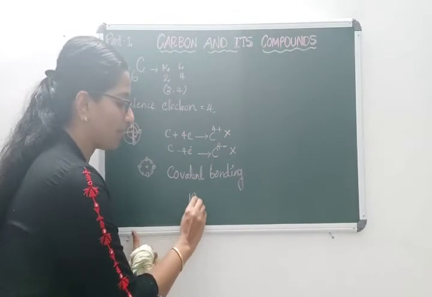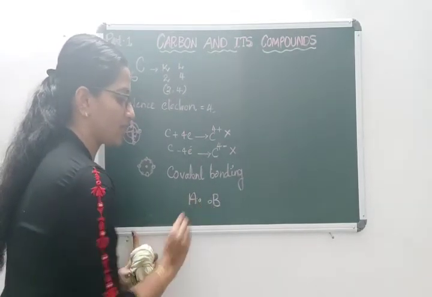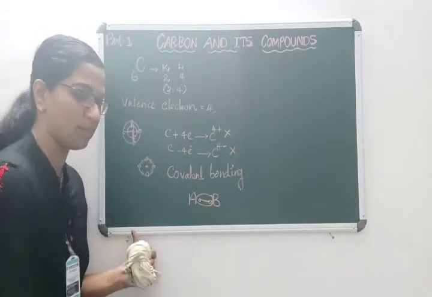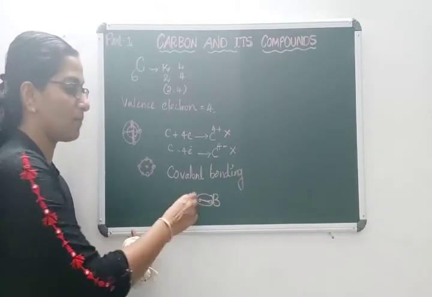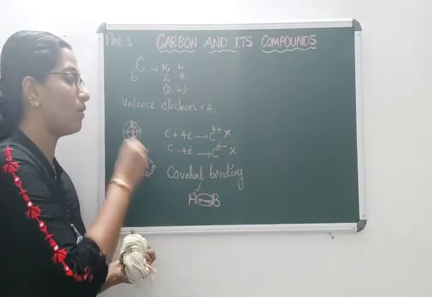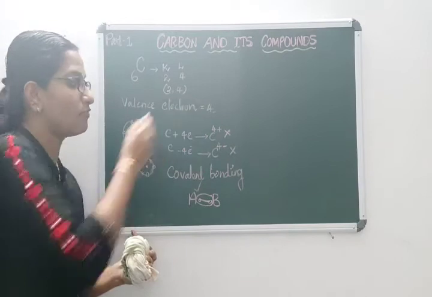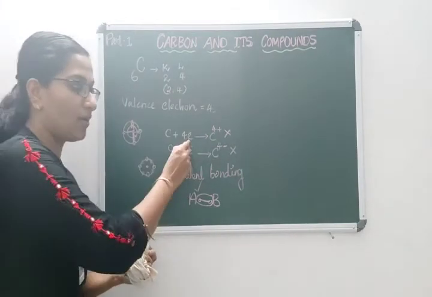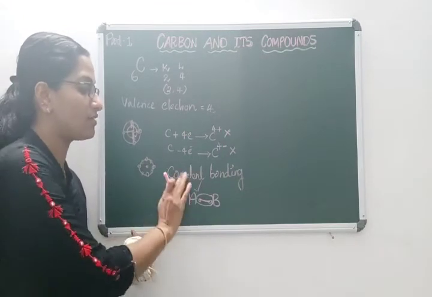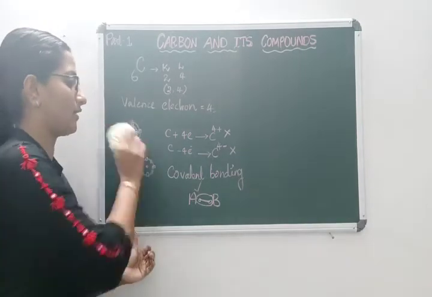If you have two elements, element A and element B, and they share one electron, a bond is formed between these two elements. This type of bond is known as covalent bonding. Carbon will also undergo covalent bonding with its last 4 electrons. It cannot lose electrons and it cannot accept electrons, so the final way is covalent bonding. Let's check how it undergoes covalent bonding.